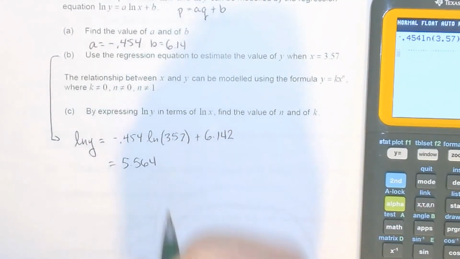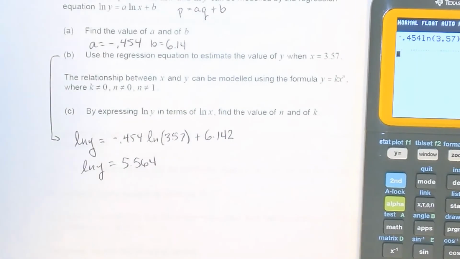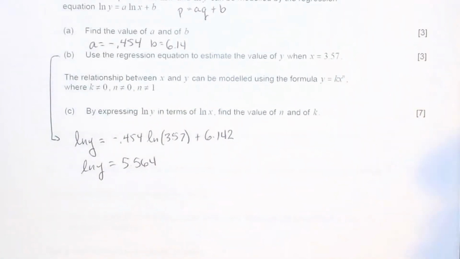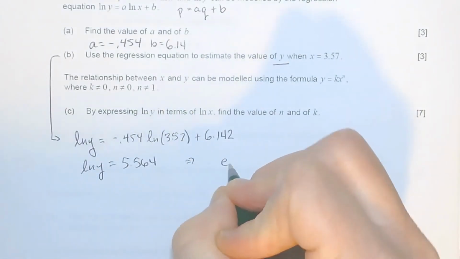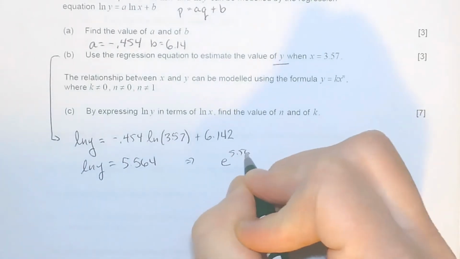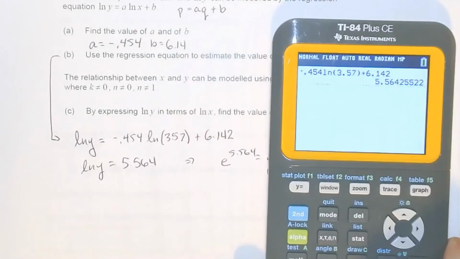Now you might be tempted to write that as the answer. It is not, because this is the natural log of y, and they asked us to estimate the value of y. So I need to change this from logarithmic to exponential form. That means I will have e to the 5.564 is equal to y. If you leave it like that, that's probably fine.